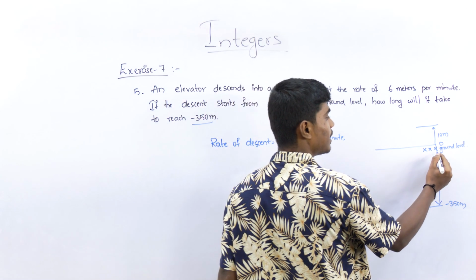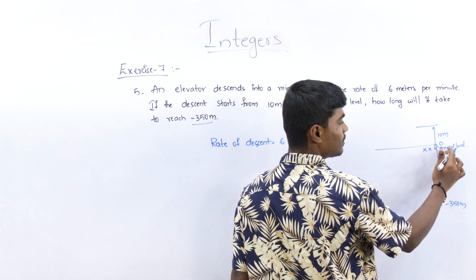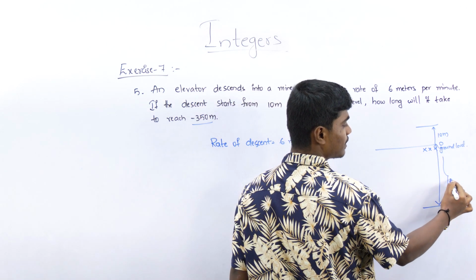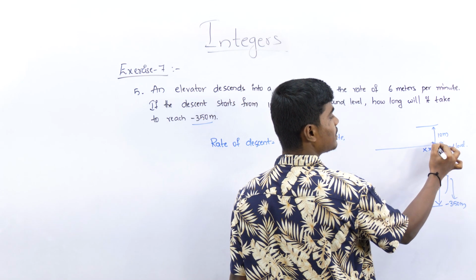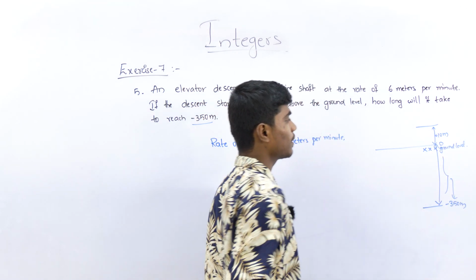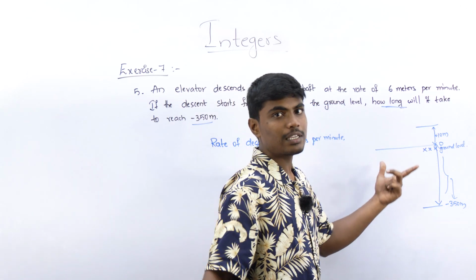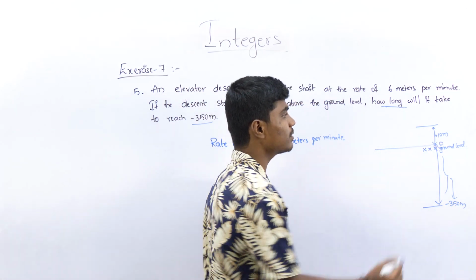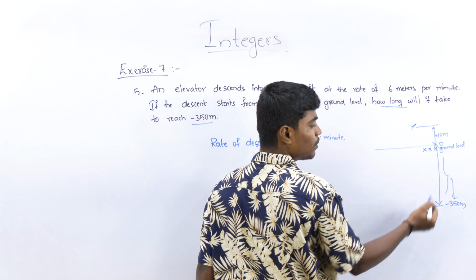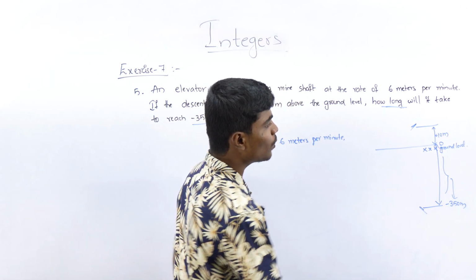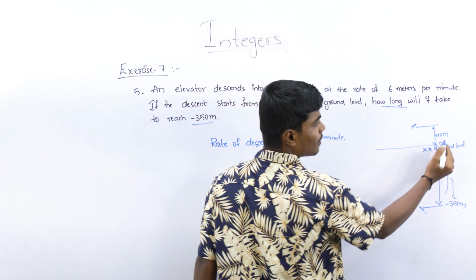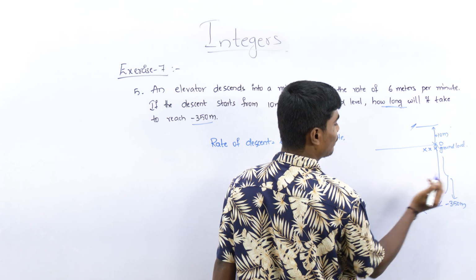See, here the distance is minus 350 meters. And here the distance is 10 meters. He is asking how long will it take? Means he is asking how much time it takes to reach from here to here. See, total distance here to here is 10 meters plus 350 meters.